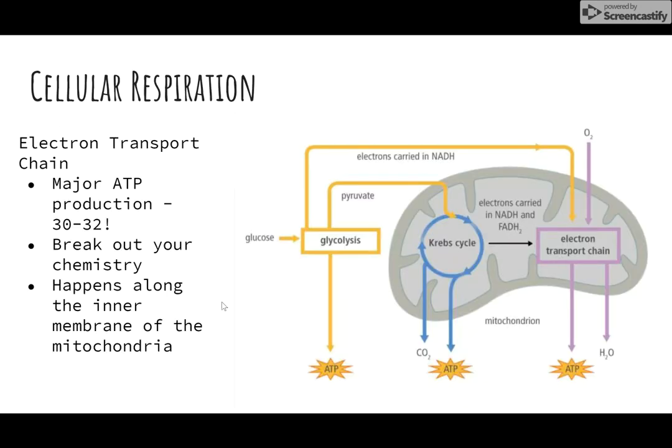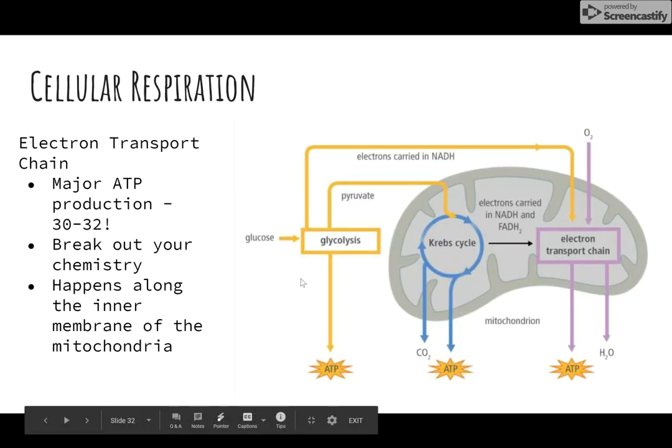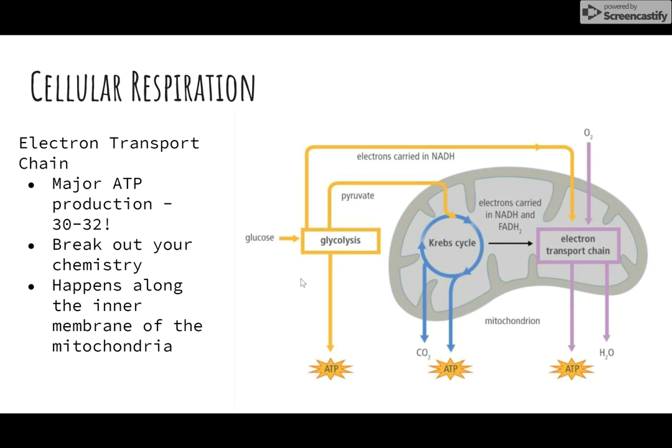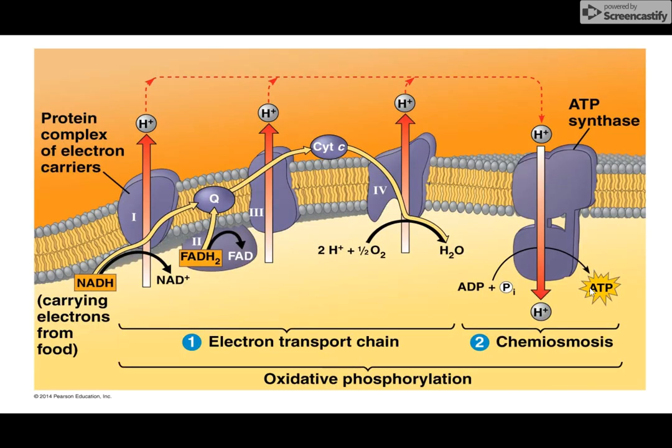And we have the energy molecules that we're going to carry over to the electron transport chain. The electron transport chain is where we make most of our ATP. This is the big thing we want to power. This happens on the inner membrane of the mitochondria, like right here. This will look pretty similar to what we saw in the light reactions in photosynthesis.